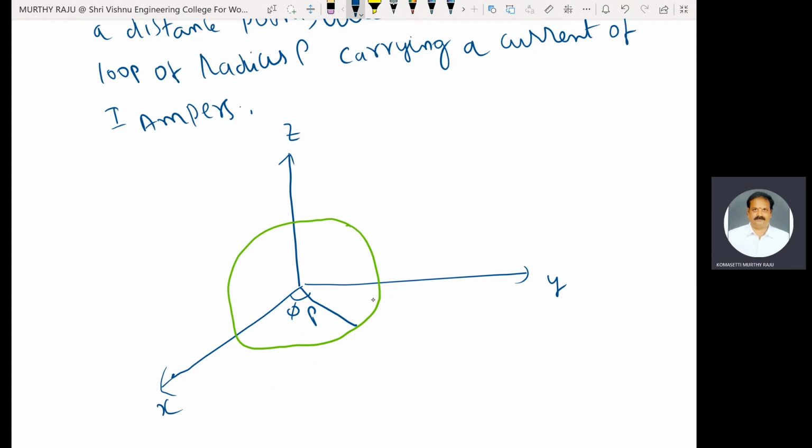In this, consider a small current element. The small current element length is dl. Find out dH at a point P here.